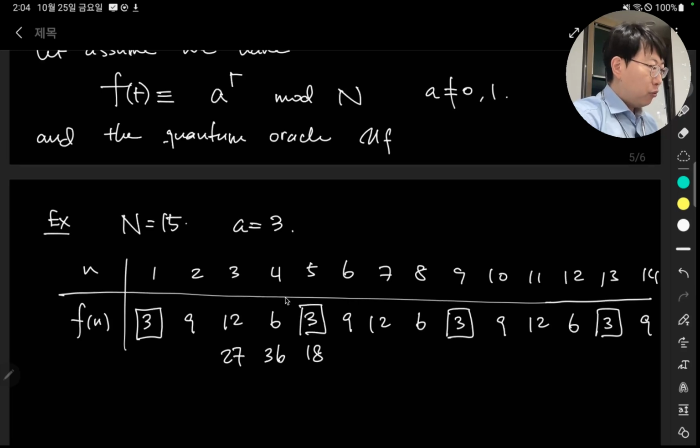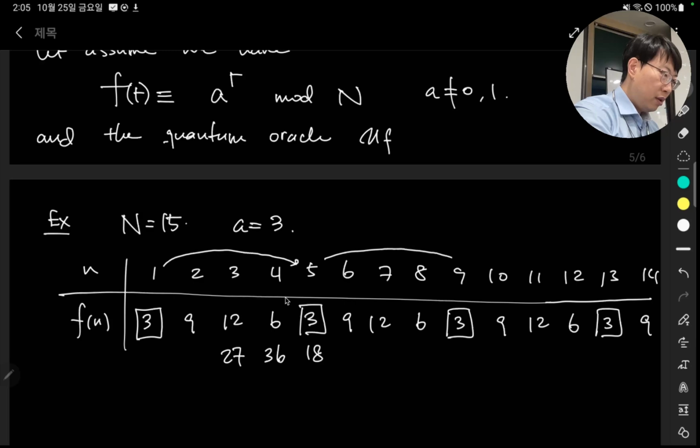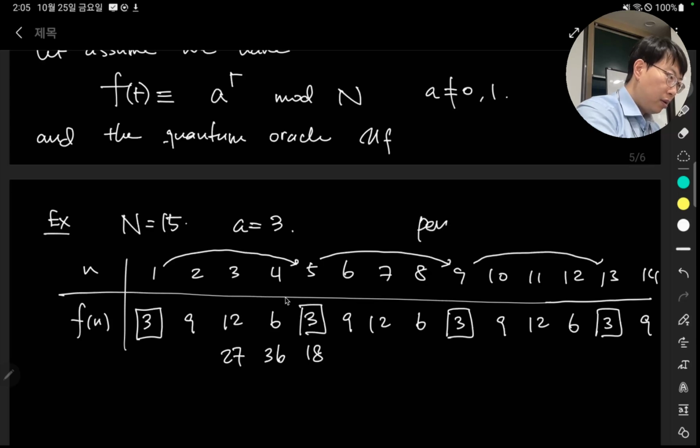So we want to find the period. What does this period say? You can say that this period is a multiple of 4 because 1, 5, and 9 are repeating, right? And the next one is 13. So we have period 4.